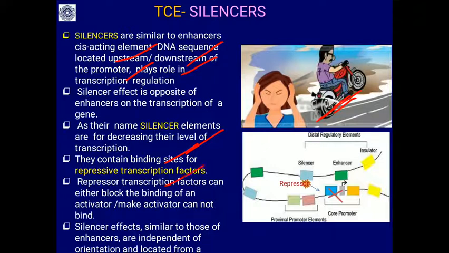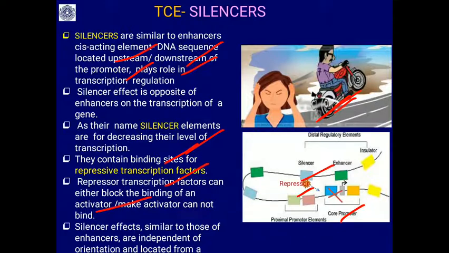They contain binding sites for repressive transcription factors, or repressors. So you see this part of the DNA has a binding site for repressors. By binding to the repressors, it contacts the promoter and decreases or stops the transcription. Repressor transcription factors can block the binding of an activator so that transcription is stopped.